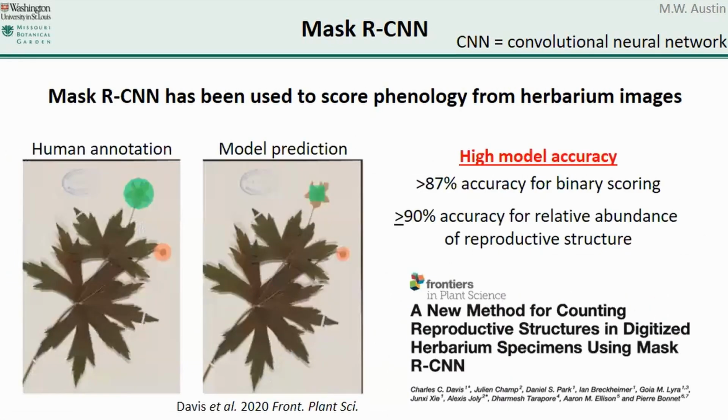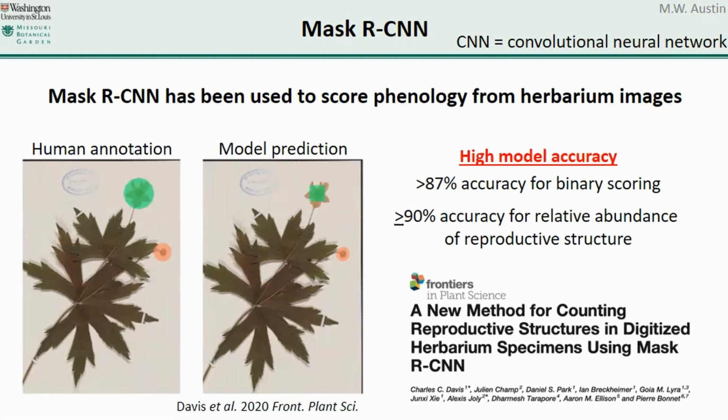In 2020, a paper came out that applied Mask R-CNN to counting reproductive structures on herbarium imagery. And the paper found a very high rate of accuracy for applying Mask R-CNN to this purpose.